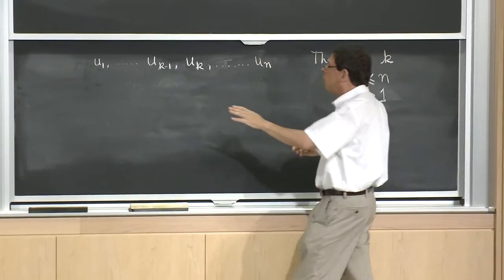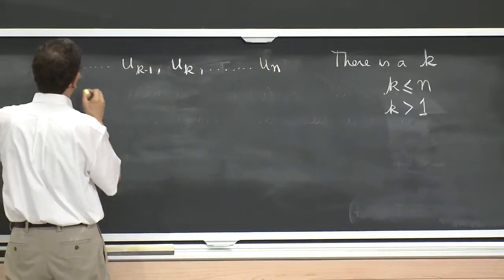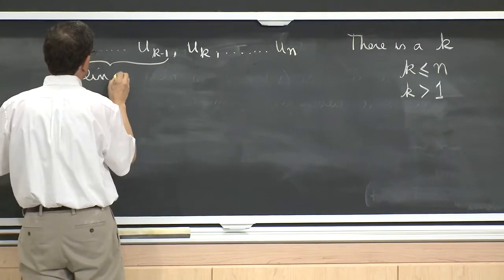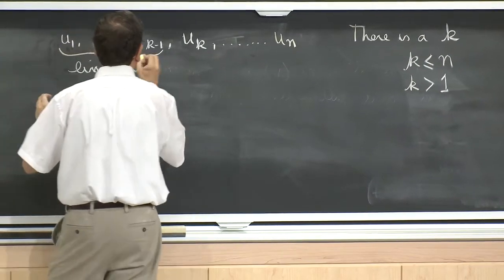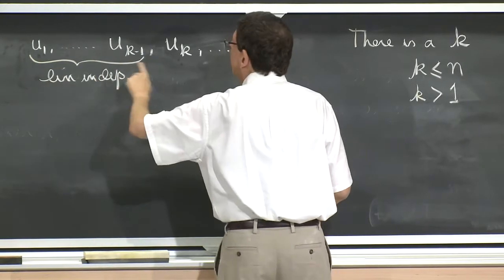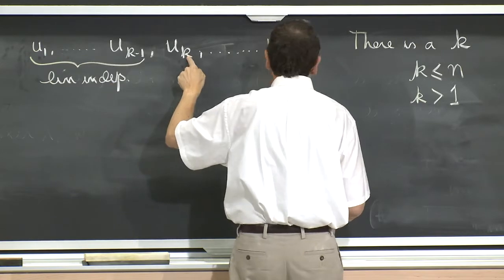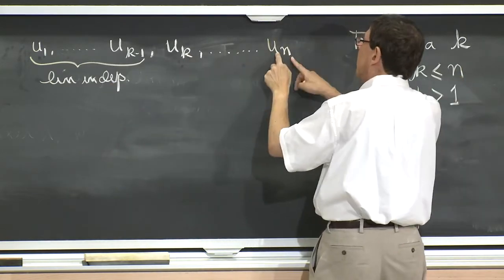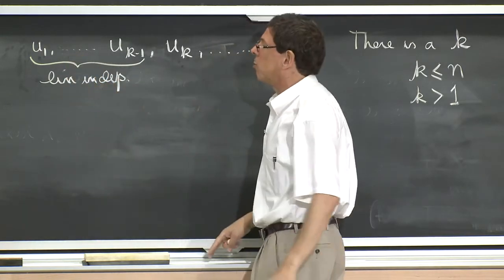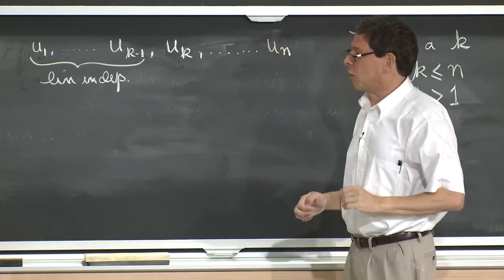So however you order it, if you start with the first, the second, up to something, there will be a set of vectors that are linearly independent. And then the next can be written as a superposition of these vectors, where this k may be the last one, or maybe even the second one, although that is unlikely. So here is then our assumption.